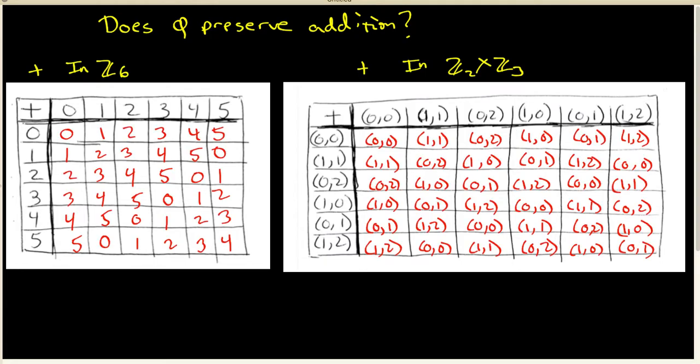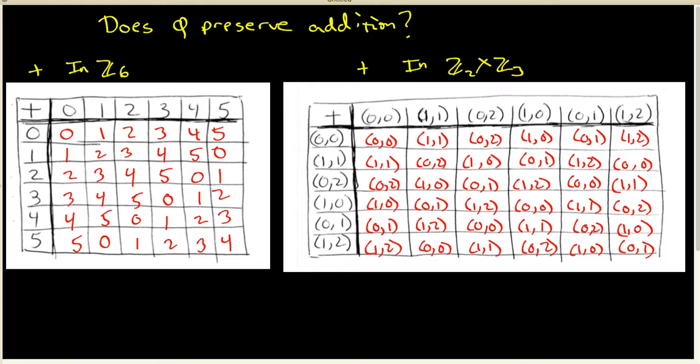Hopefully you stopped the video and filled them out, and this is what you should get. I want to encourage you to again stop the video and check your answers before going on, because in order to understand what I'm going to say, you really have to verify that your answers are the same as mine. So hopefully you have done that.